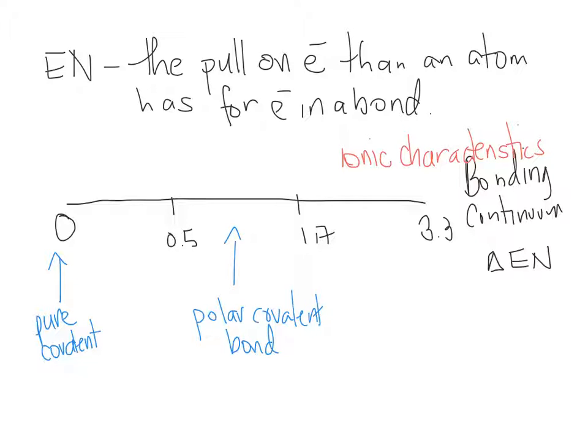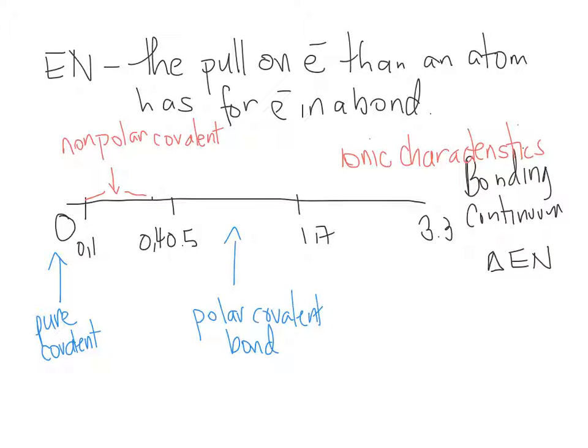If you are between 0.1 and 0.4, if you fall in that region, you are considered non-polar covalent.